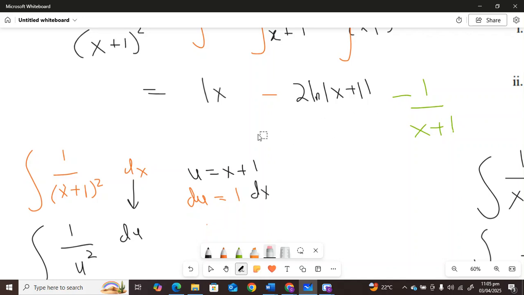So your answer is 1x minus 2 natural log x plus 1 minus 1 over x plus 1. That is the answer. Oh, plus C. Please put a plus C here. You lose 2 marks for not putting it.